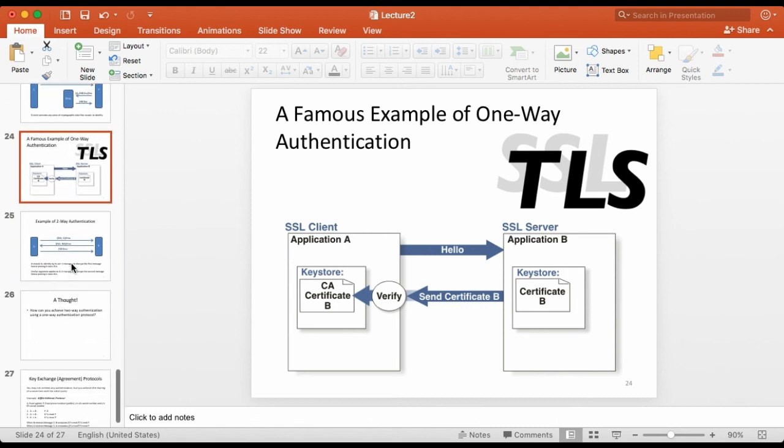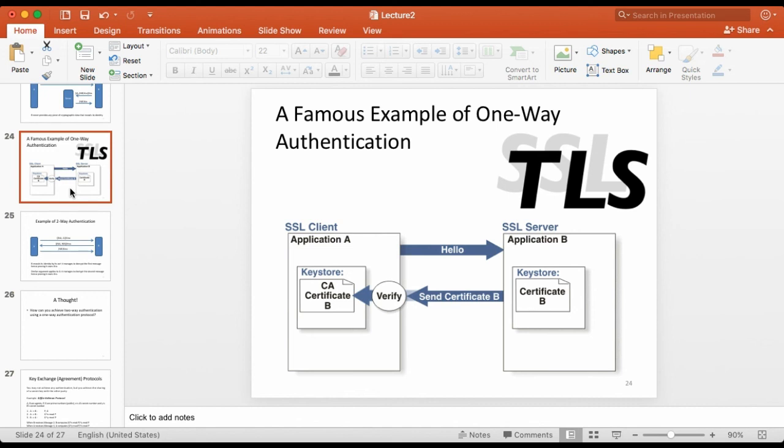Now you'd wonder where in the world we have one-way authentication. That's very simple. If you look at SSL, the everyday HTTPS thing that you do, that's a very famous example of one-way authentication protocols. You authenticate the server, i.e., you know the identity of the server that you're pointing your client software at, but not the other way around.